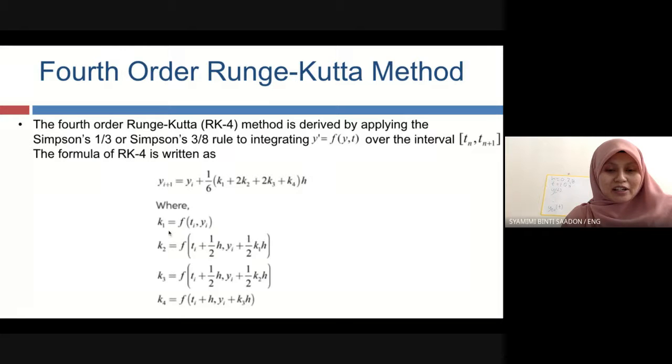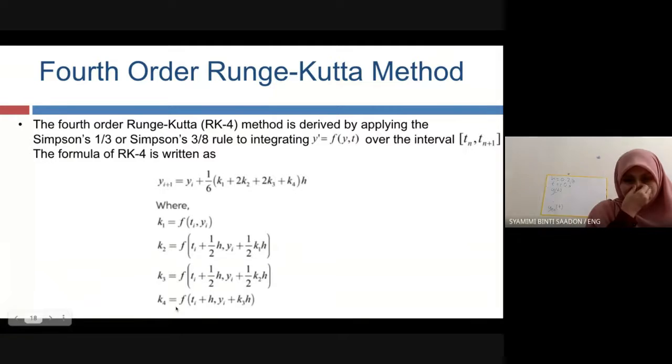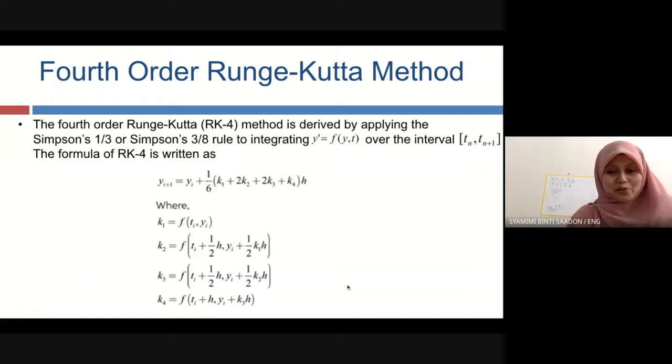And then k1, k2, k3, k4, that is just the definition. You don't have to remember this equation, since it is open book. You just need to know how to apply it. That's why we have to do at least one example together, so that you know how to use this equation.